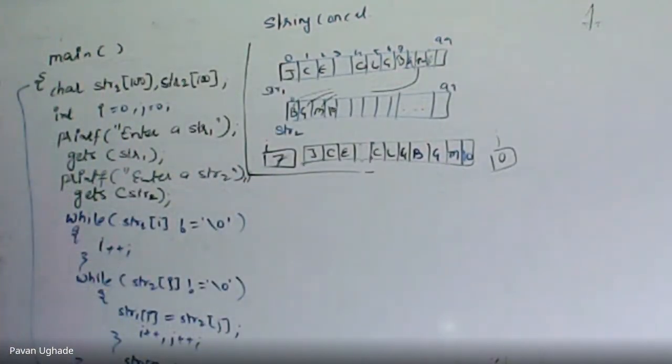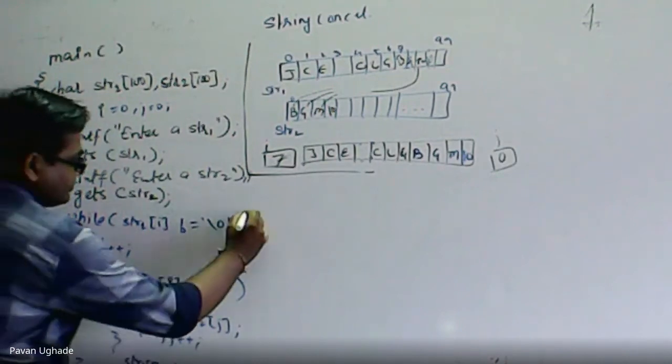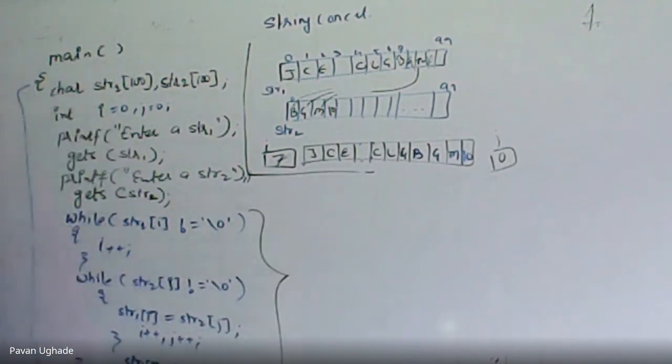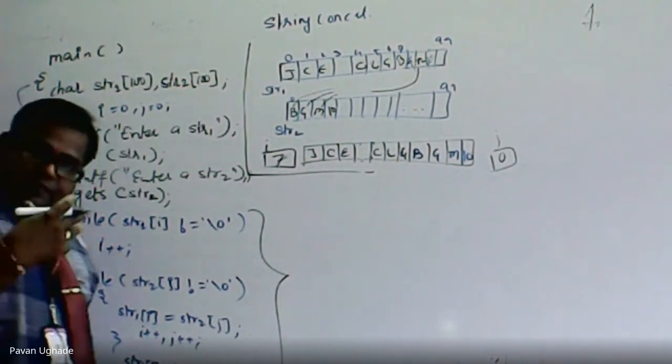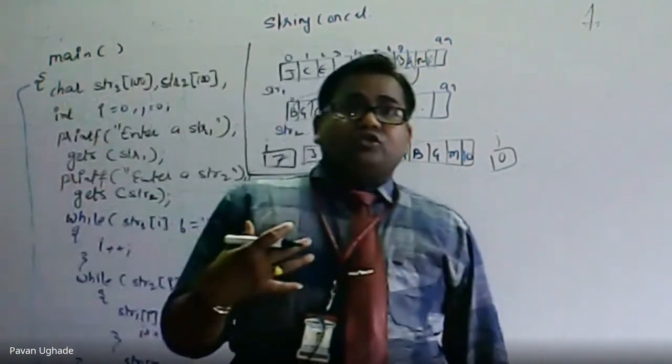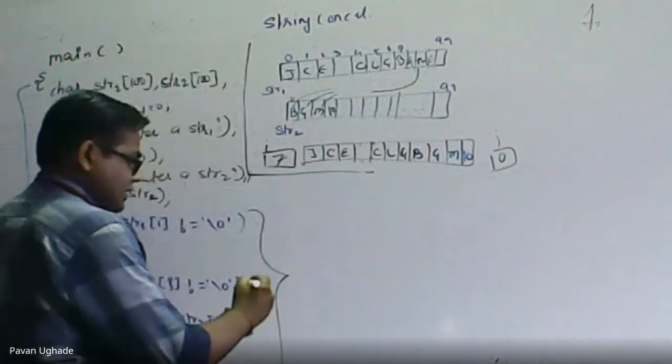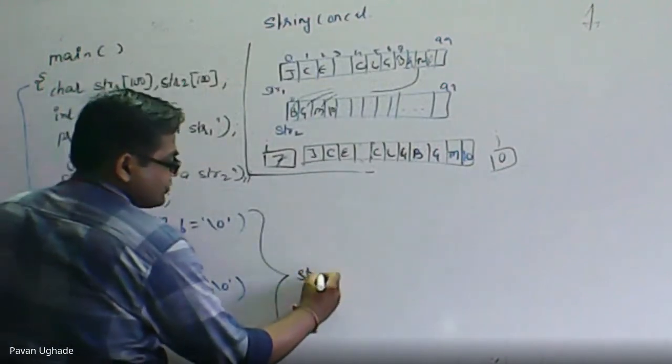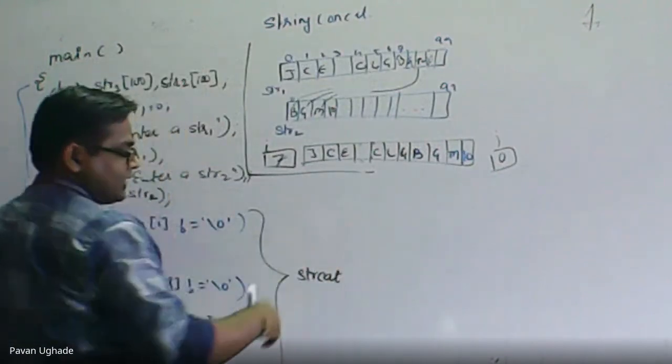So this is how the string concatenation operation can be performed over the string. Now instead of doing all this, this is the main logic that we have. Instead of this, we have an inbuilt function also that can be used from your end, that is strcat, str for string, cat for concat.